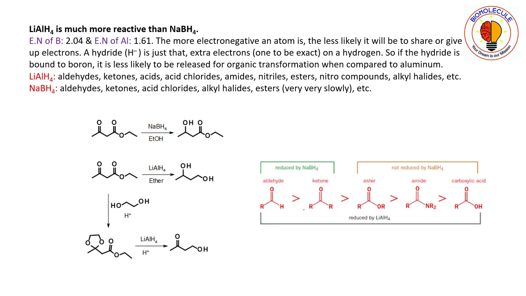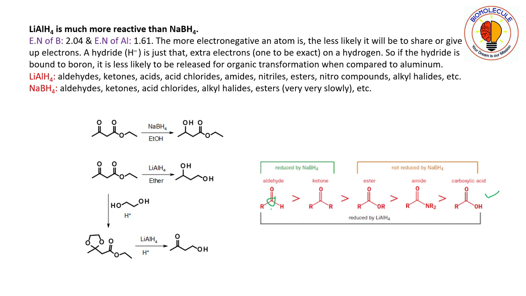Aldehyde is more reactive than ketone, which in turn is more reactive than ester, then amide, and the least reactive is the carboxylic acid. This is the reactivity order of the carbonyl carbon.